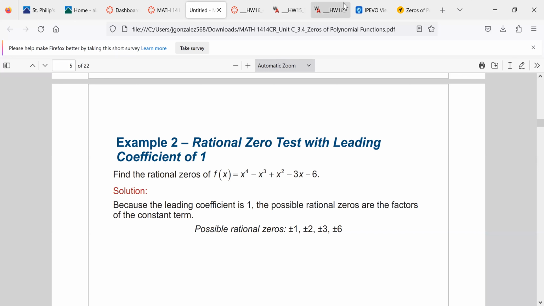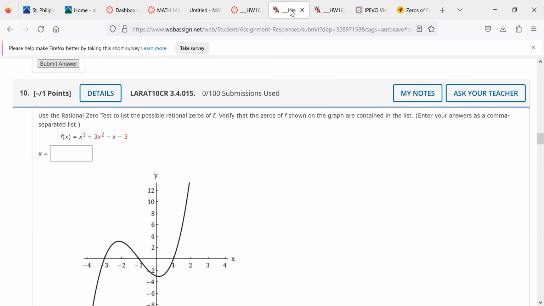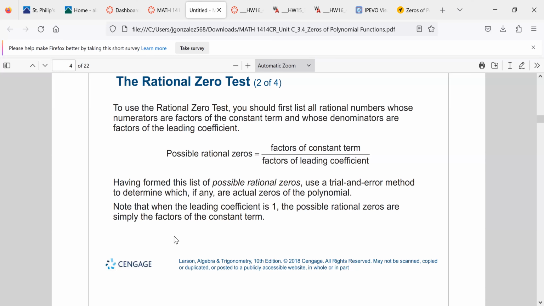Okay, so let me show you what I mean. So the constant term is, right? Let me write down. I'm going to write this little part down for you. Possible zeros is equal to possible rationals, so they said. So this does not include the complex numbers, the imaginary types. Rational zeros.